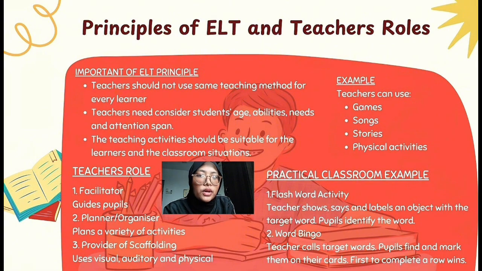Students will receive a bingo card with target words. For example, with an animal topic, the teacher will call out a word and students have to find and mark the word on the card. The first to complete a row says bingo. So in no time, the students will remember the word and also know the meaning of the word. Thank you. That's all from me.